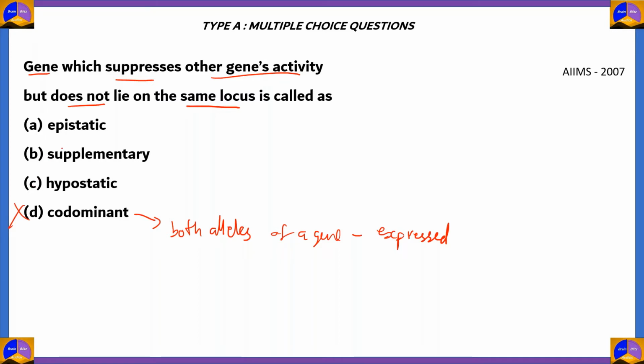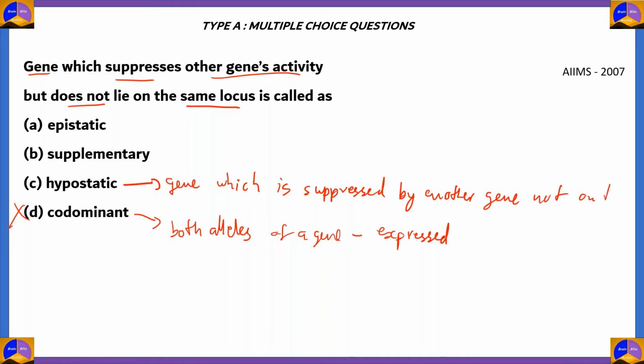Option C, hypostatic. The question asks for the gene which suppresses another gene's activity, but hypostatic gene is the gene which is suppressed by another gene not on the same locus.